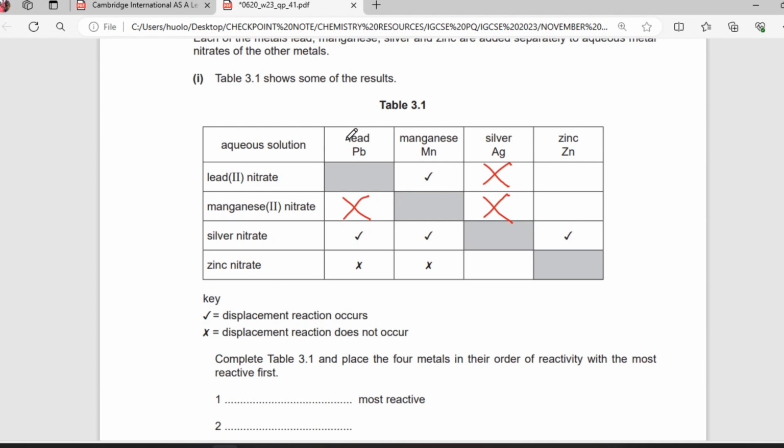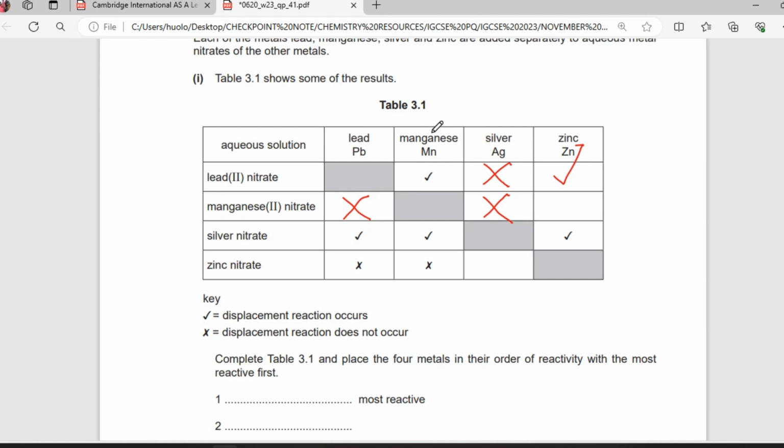Lead in zinc nitrate, we see a cross. That tells you that lead is less reactive than zinc. So if you put zinc in lead nitrate, you expect a reaction to take place. So that's a tick.